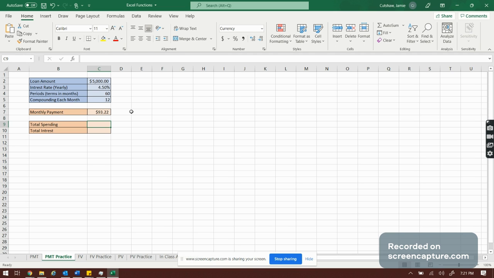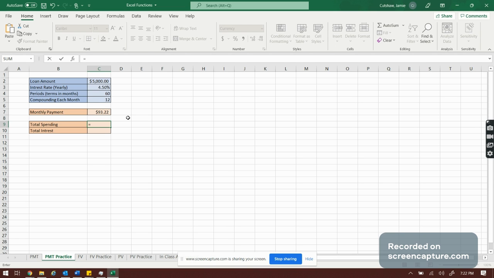But if you want to do a little bit more, you want to figure out the difference between how much loan I took out, $5,000, and how much I end up paying by the time I pay it back. That requires a little bit of math here.